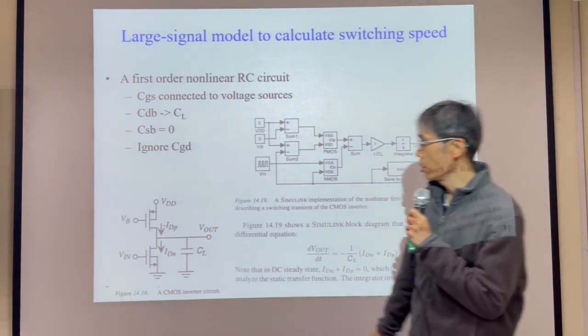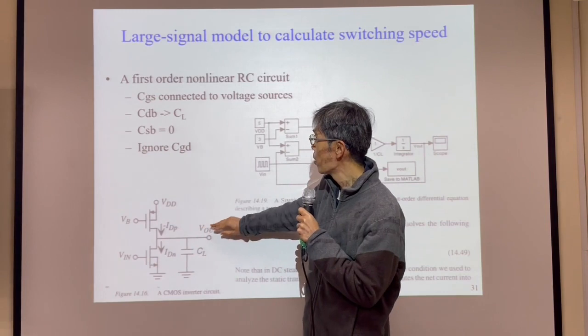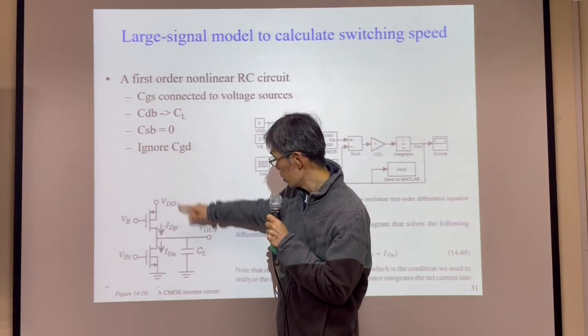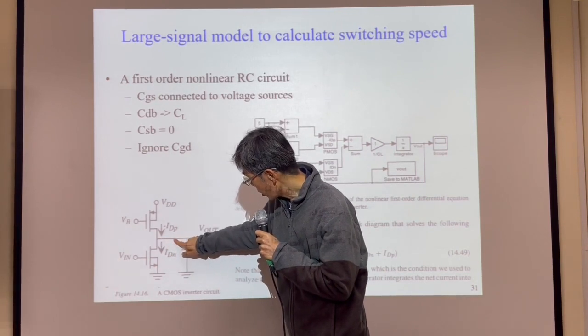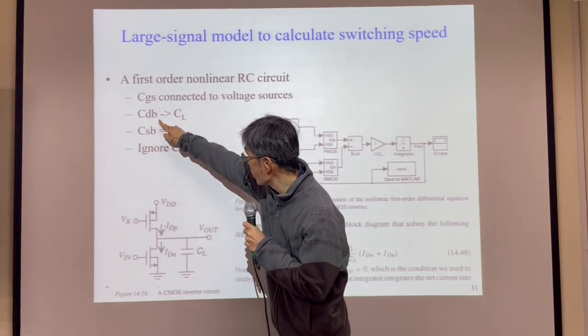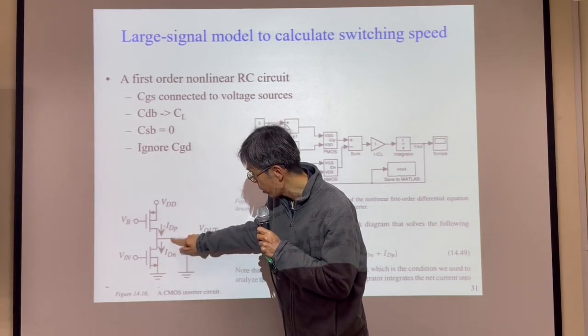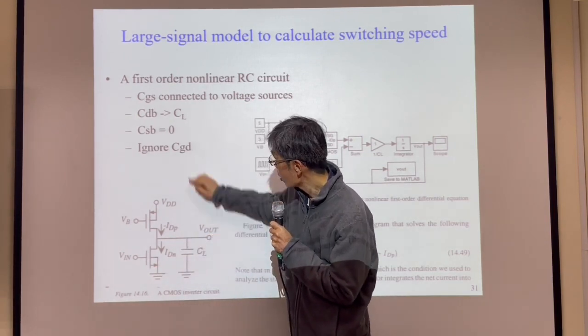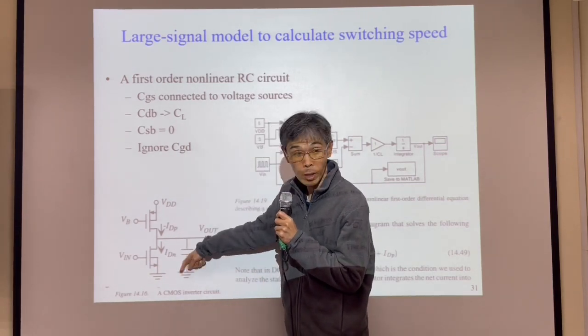We ignored CGD. So for this device, this is drain and CDB, drain to the bulk. You can think of bulk as the ground. For drain-bulk, we just put drain-bulk and CL together because they are in parallel.